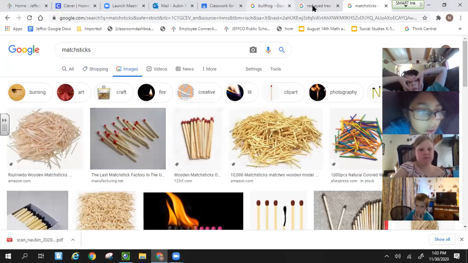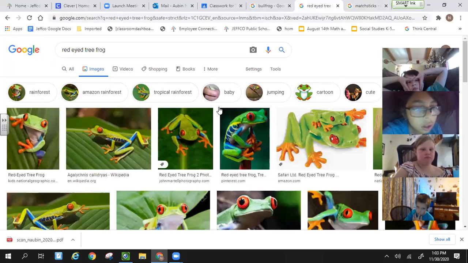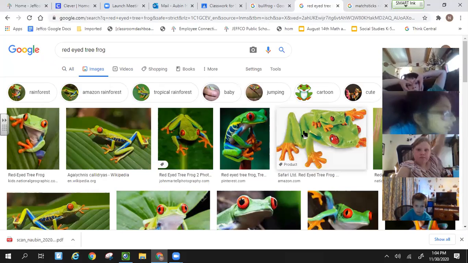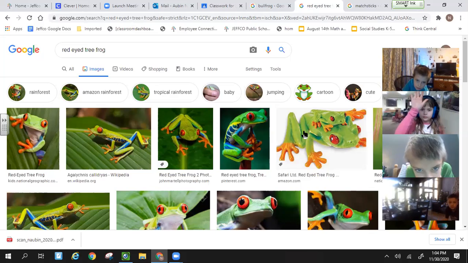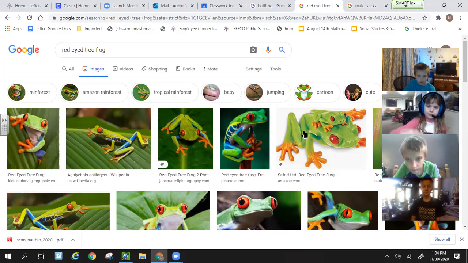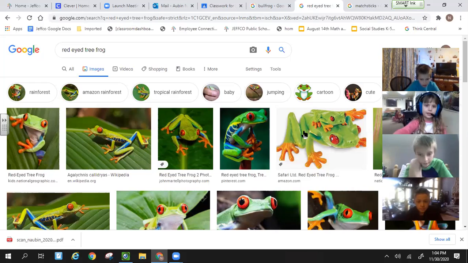Going back to the red-eyed tree frog, what do the frog's legs have in common with matchsticks? What do you think? Go ahead, Lila Morris. On the red-eyed tree frog, its leg is like the stick part of it, and then its foot is like the colorful part.